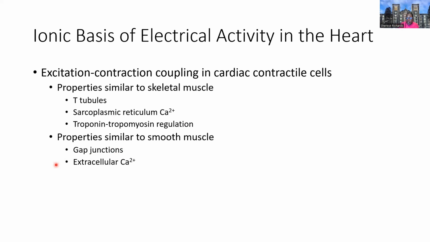So as we were just describing a second ago, the calcium that has this involvement with troponin, tropomyosin, and the regulation of the contraction comes from two sources in smooth muscle and cardiac muscle. It's going to be the SR, but also the extracellular fluid. And so this is a shared property between smooth and cardiac muscle.